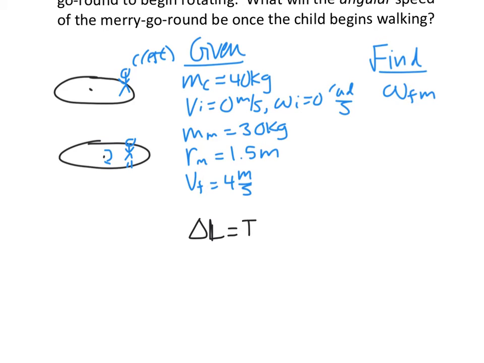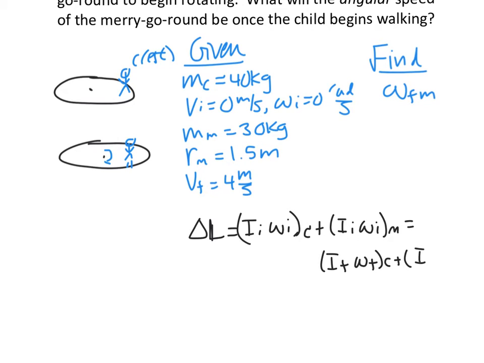So this would be I initial, omega initial for the child, plus I initial, omega initial for the merry-go-round, and that's going to equal I final, omega final for the child, plus I final, omega final for the merry-go-round.